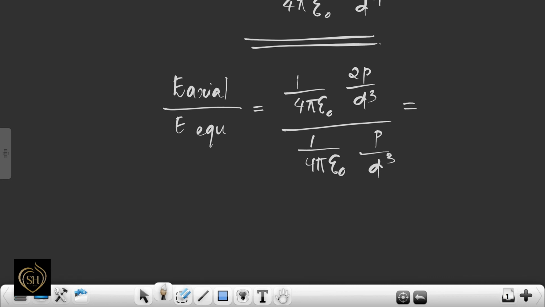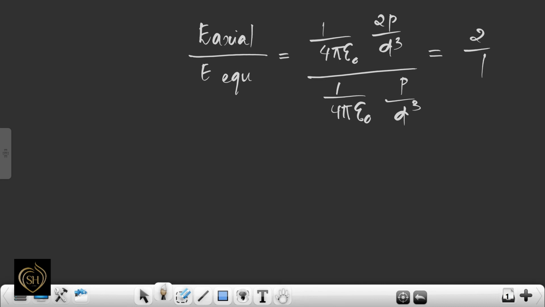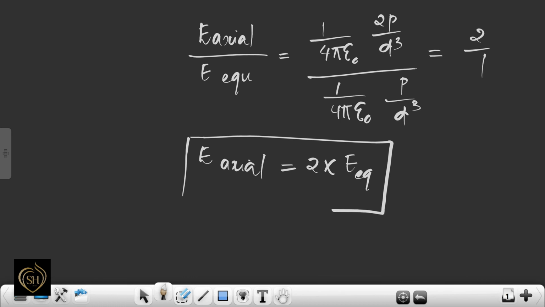Then we will get 2 by 1, or we can say E axial is equal to 2 into E equatorial. That means if we know the value of intensity at an equatorial point, to get the intensity at an axial point, just multiply the value by 2.